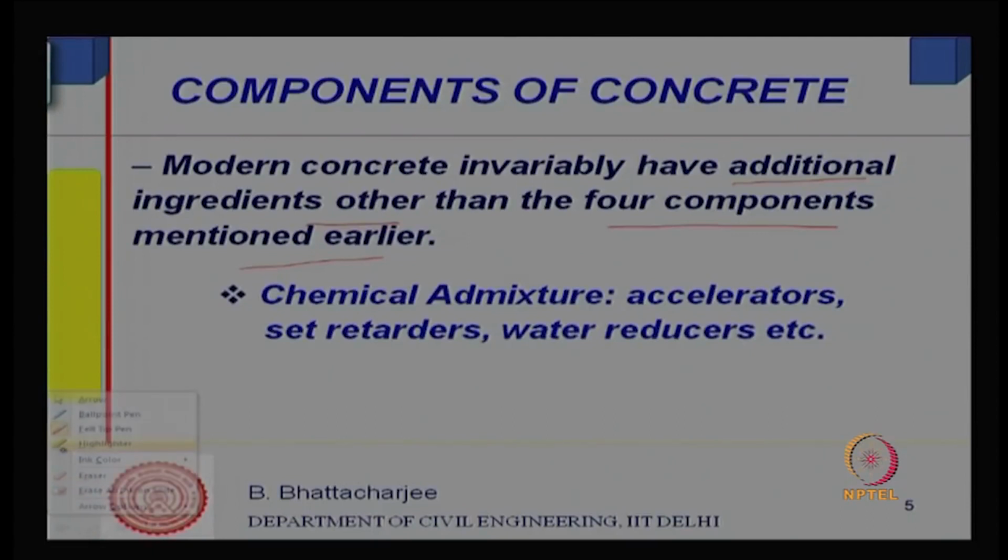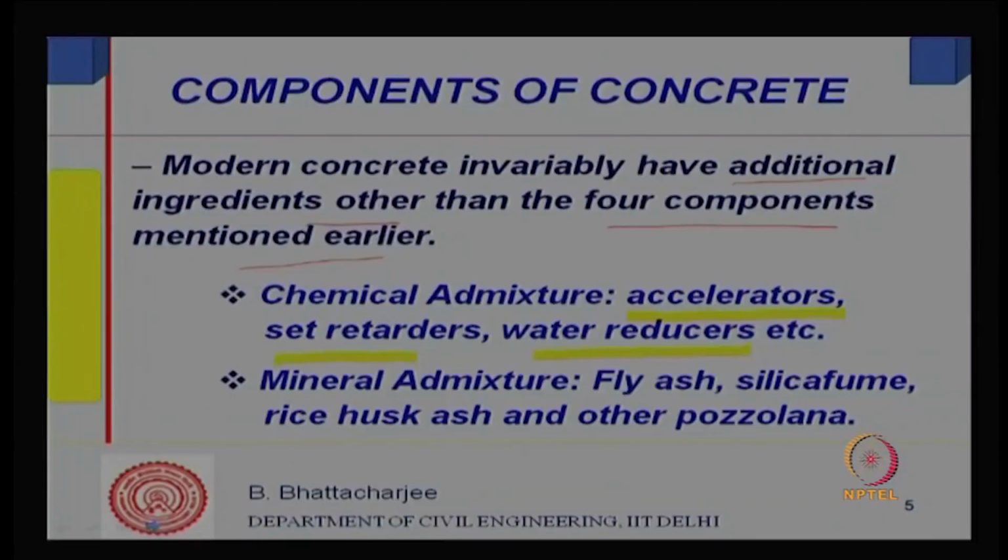These are chemical admixtures, some of them called accelerators, set retarders, water reducers, etc., and these are added to the concrete system during production in order to improve the performance of concrete either in fresh state or in hardened state. We will discuss them later in detail.